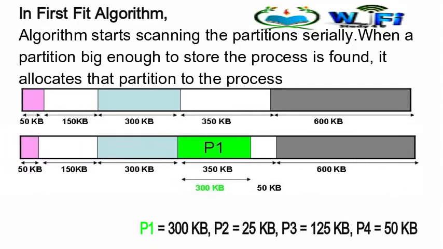See here, process P1 is 300 kilobyte. So it will be stored in the 350 kilobyte partition, because the partition is big enough to store it. The 350 is big enough for 300 kilobyte.